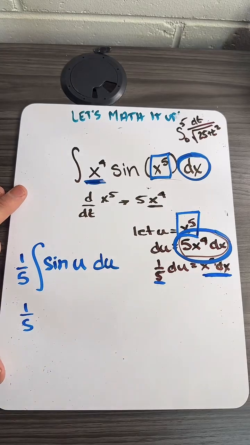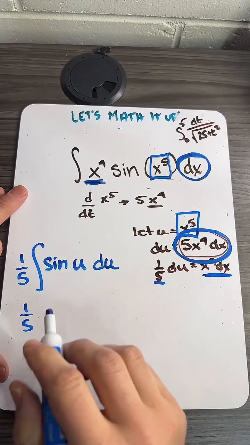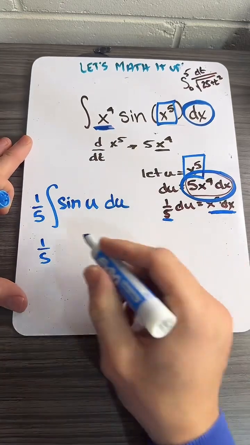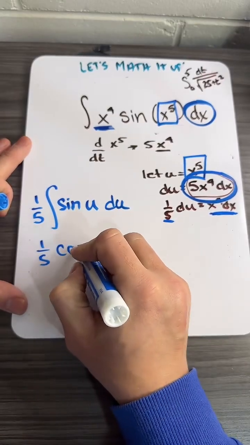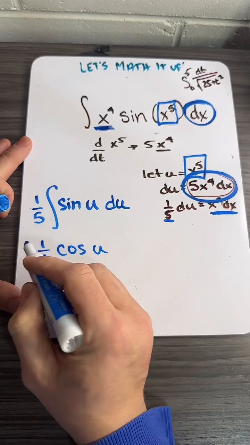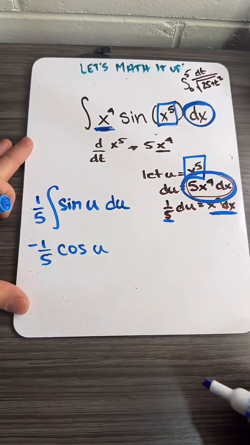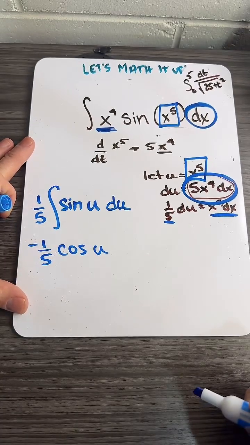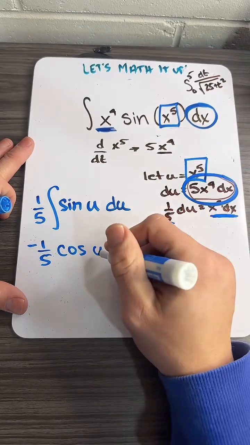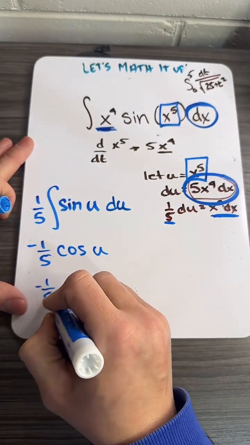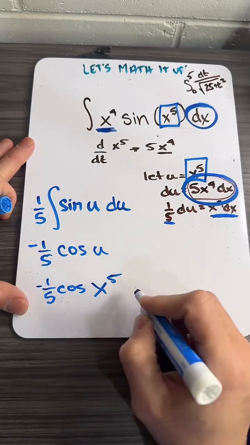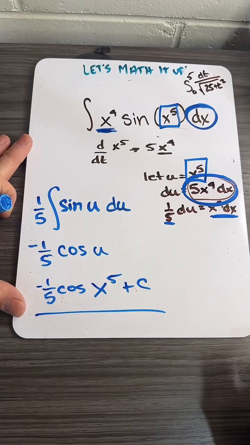Instead of doing the derivative of sine, which is cosine, I'm going to do, what do I take the derivative of to get sine? Now, obviously, it's cosine, but notice that if I take the derivative, it's negative, so I got to put this negative out there just to kind of negate that. Okay, so what I'm going to do is I'm going to go ahead and put x to the fifth back in there. So I'm going to get negative 1 over 5 cosine of x to the fifth. And then don't forget your constant of integration.